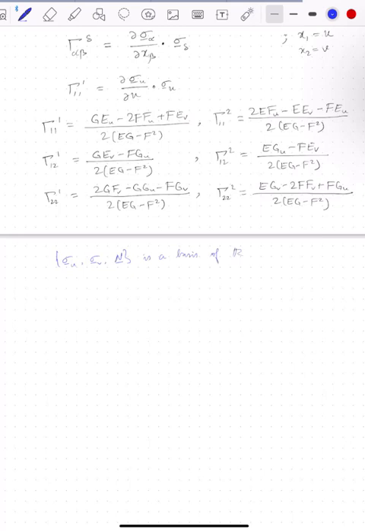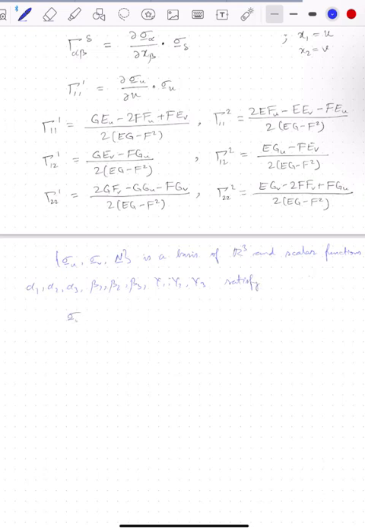of R3, and the scalar functions alpha 1, alpha 2, alpha 3, beta 1, beta 2, beta 3, gamma 1, gamma 2, gamma 3 are the components, or the scalar functions satisfy, right?